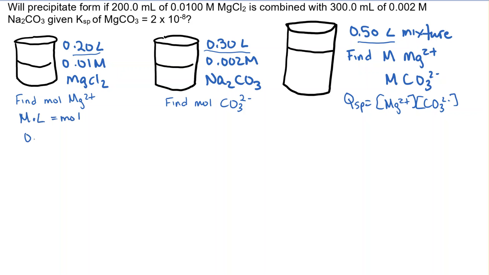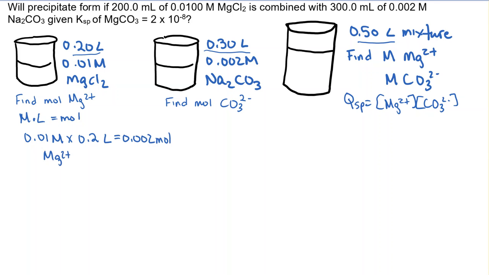So I have 0.01 molar times 0.2, and I'm leaving off the trailing zeros just to keep things a little tidier. And that gives us 0.002, sorry about that, moles of the Mg2 plus.